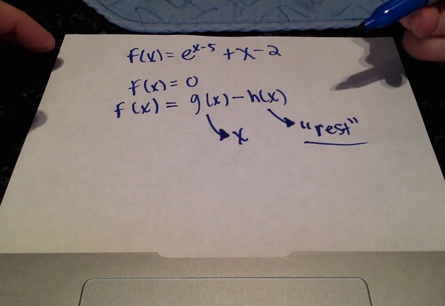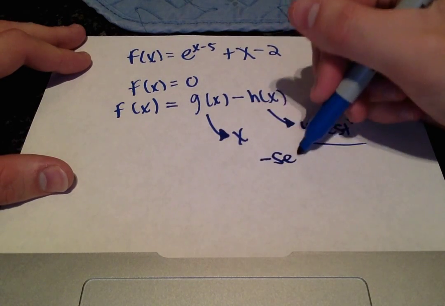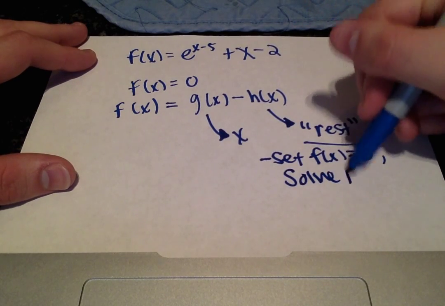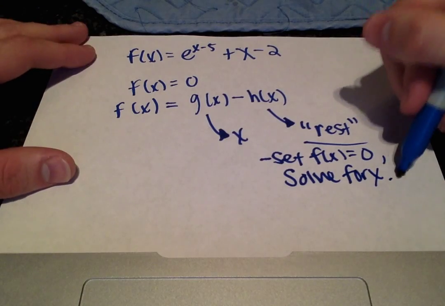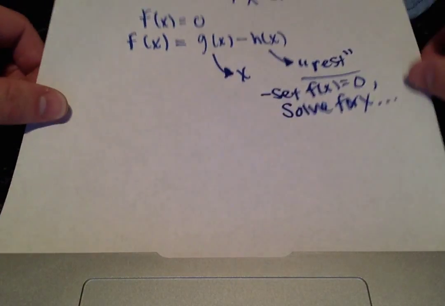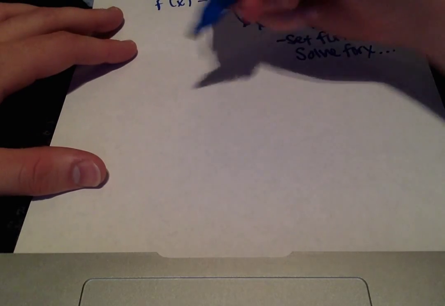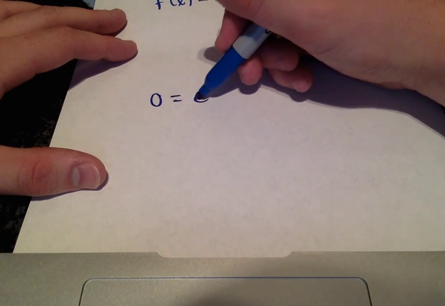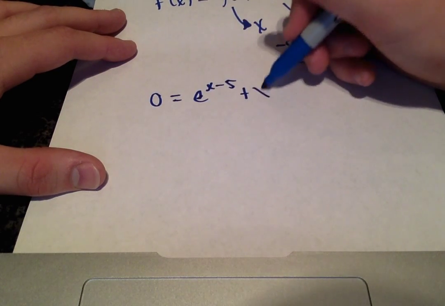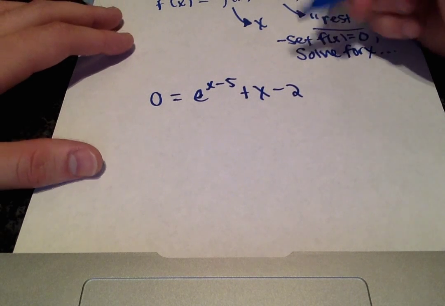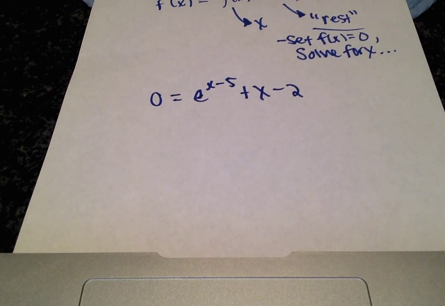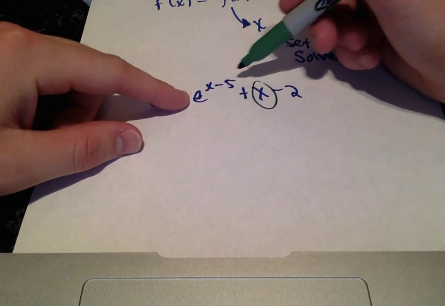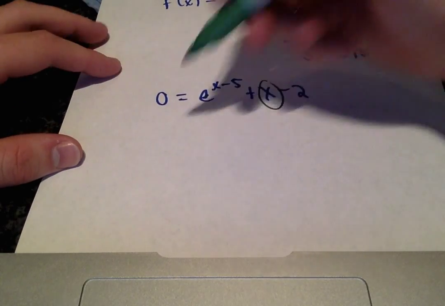And how do you get h of x? You set f of x equal to 0 and then solve for x. So right here, setting f of x equal to 0, we have 0 equals e to the x minus 5 plus x minus 2, and to isolate x, we'll want to subtract e to the x minus 5 from both sides and also add 2.